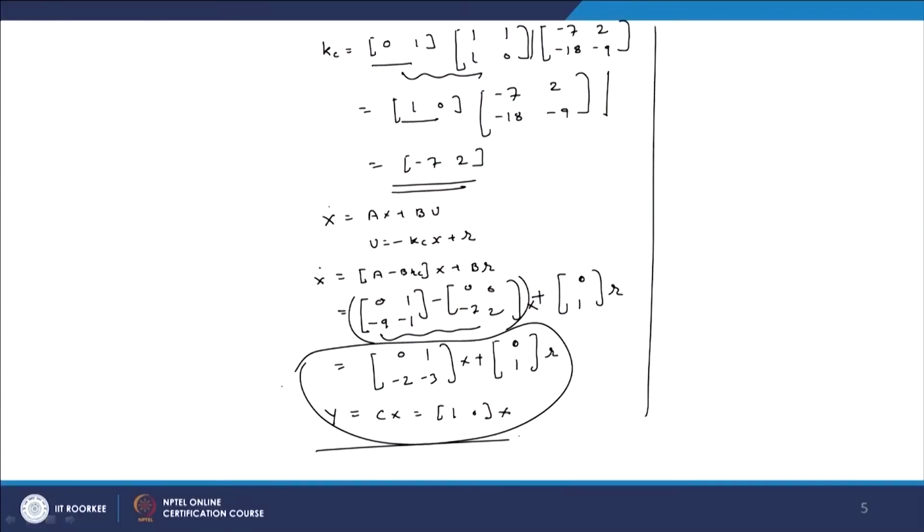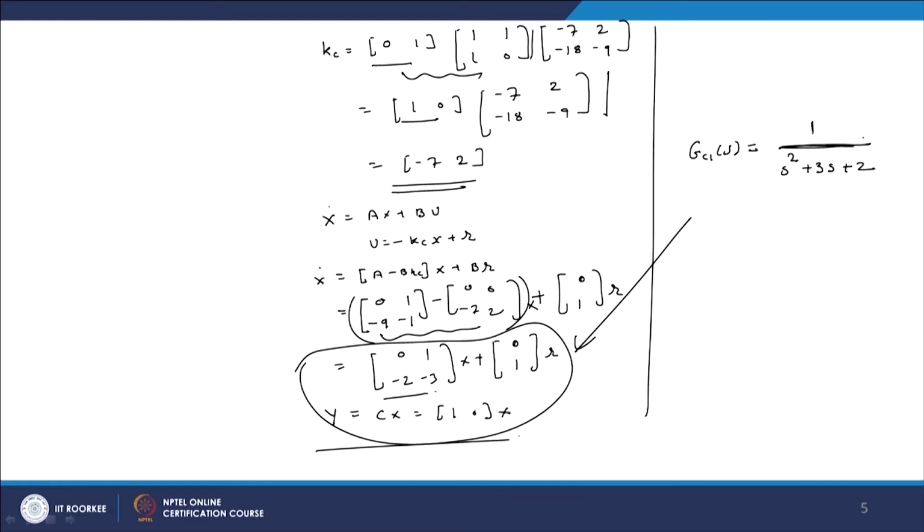From these equations we can directly write down the closed loop transfer function GCL of s. The numerator depends upon C, so here it is 1, and the denominator is s square plus 3s plus 2.